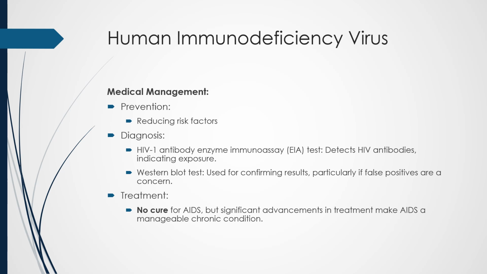There is no cure for AIDS. However, significant advances in treatment make AIDS a manageable chronic condition. The goals of treatment are to stop HIV replication, increase CD4 cells, and improve immune function. Also, delay disease progression.